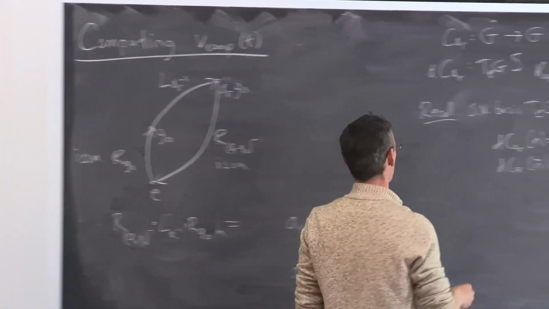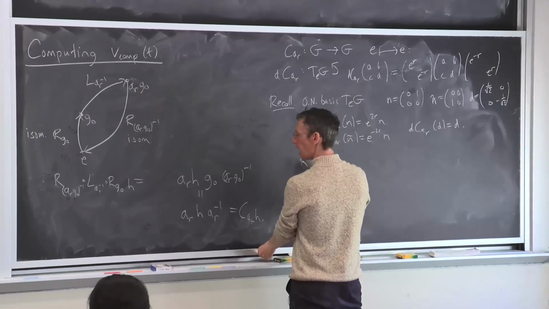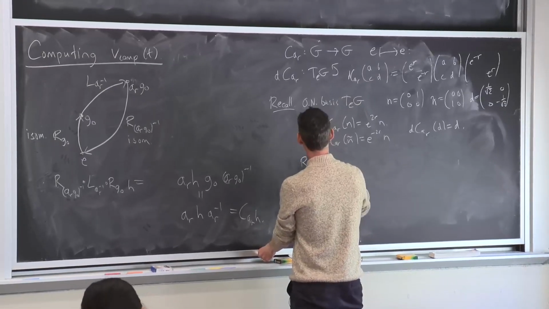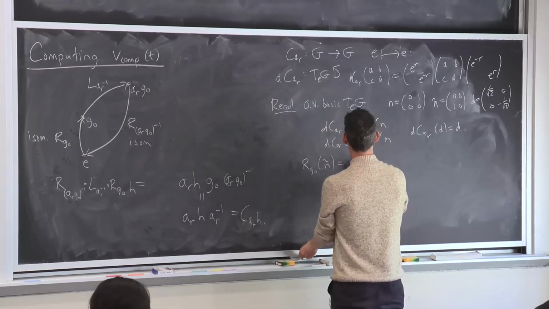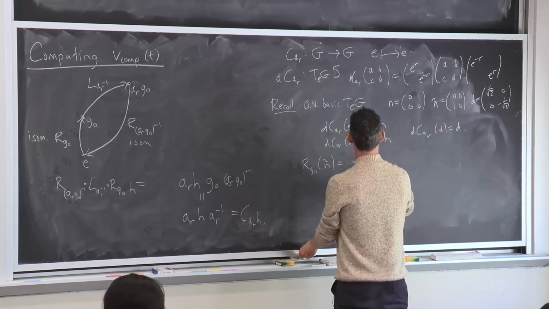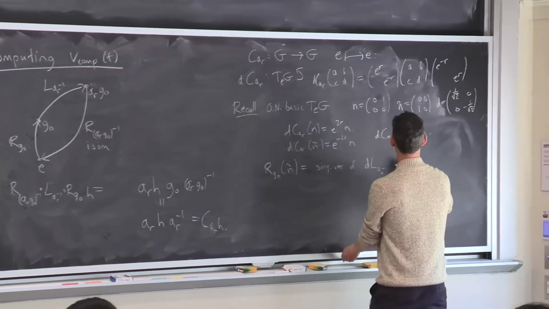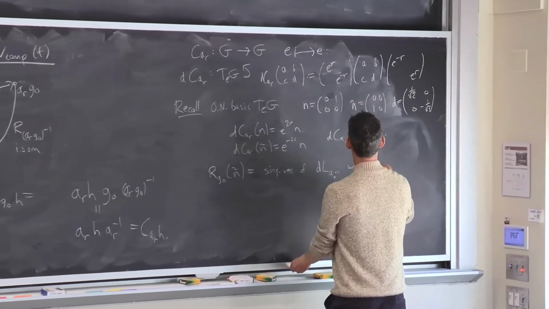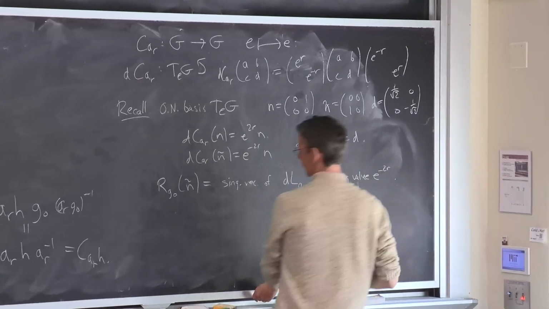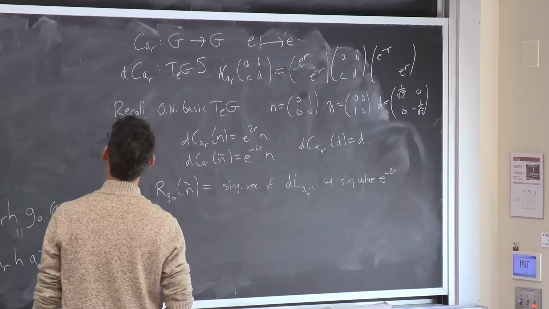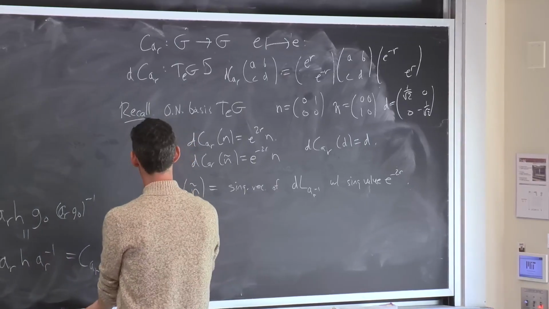So it's the right action by g_0 of ñ. This is the singular vector of dL_{A_R inverse} with singular value e^{-2R}. So that's basically the answer to our question.